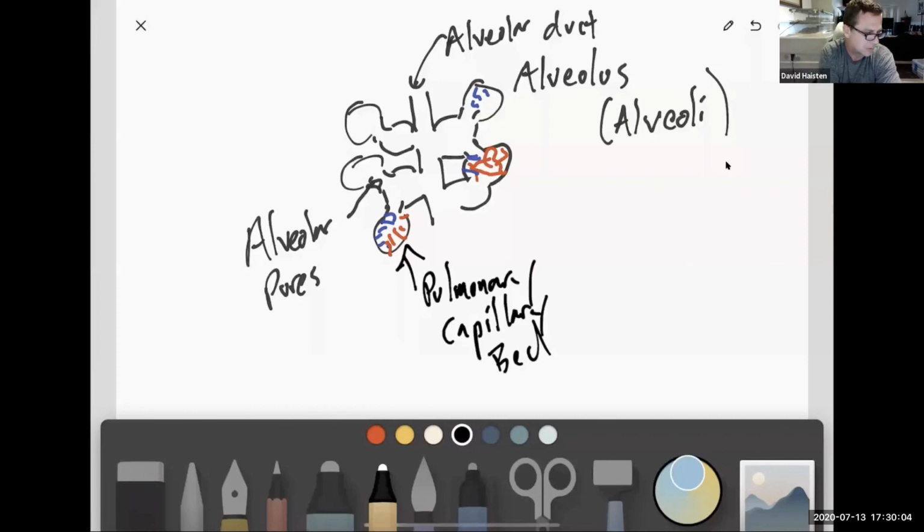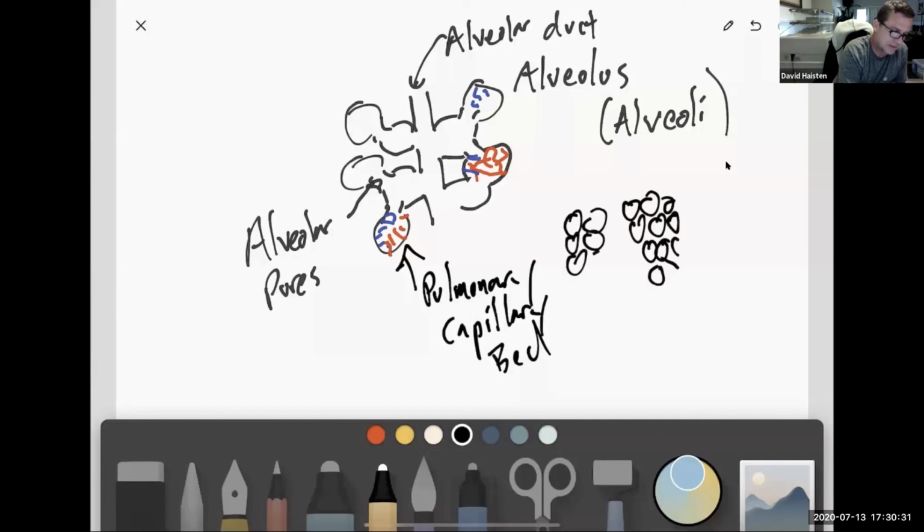Now the alveoli, while they are little sacs, are clustered into different segments where an alveolar duct is running through them. They're grouped into whole groupings of little alveoli called an alveolar sac. So we have a whole bunch of alveoli, and here's another cluster of alveoli.